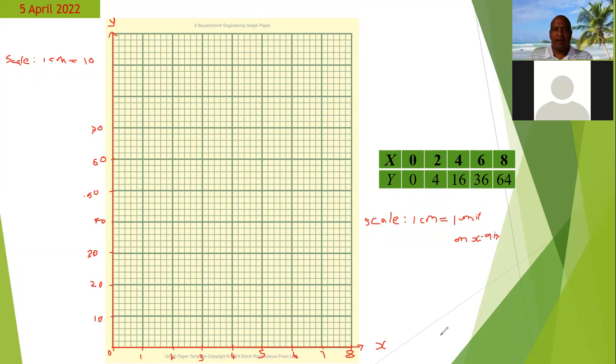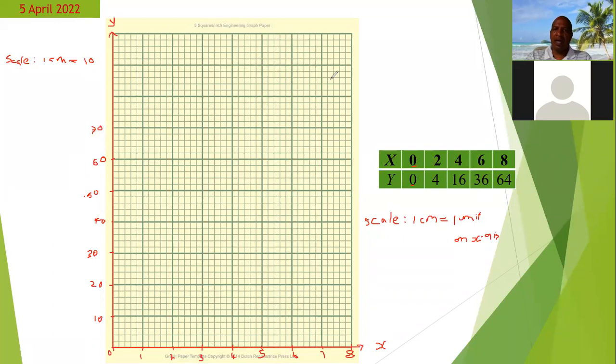So once you have drawn your axes and put on your scale, the next thing is to plot your points. You're going to look at your x values corresponding to your y values. So 0 corresponds to 0, and the first point would be 0, 0. X equals 0, y equals 0. The point at which x equals 0 is at the origin, and the point at which y equals 0 is also at the origin.